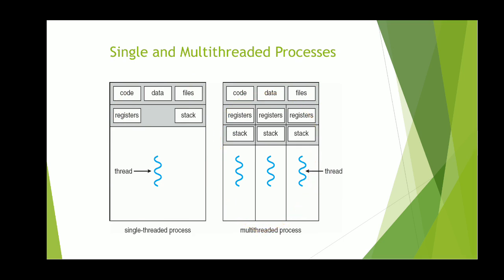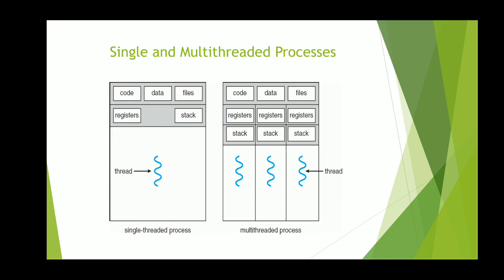You can easily identify the difference between them from this image. In a multi-threaded process there are multiple threads associated with a single process, but in a single-threaded process, only one thread is associated with the process.